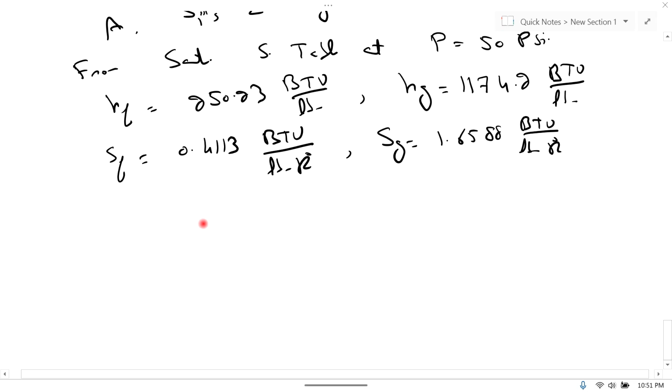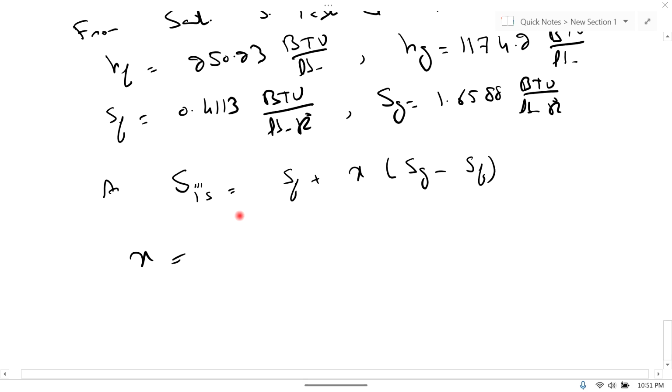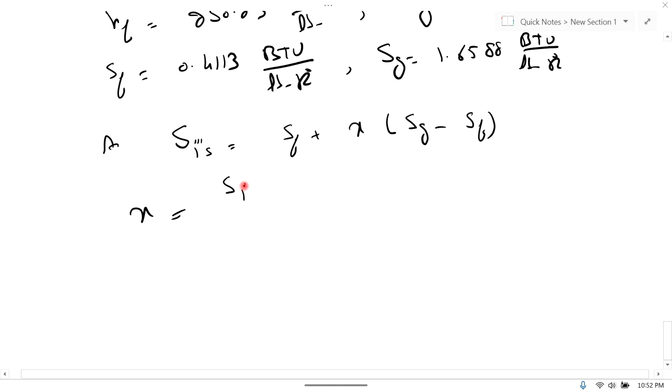Now first we find X, the dryness fraction, from the entropy equation: S1 triple dash S is equal to Sf plus X times (Sg minus Sf). Rearranging to find X: (S1 triple dash S minus Sf) divided by (Sg minus Sf).